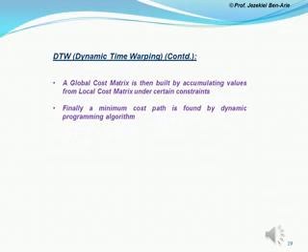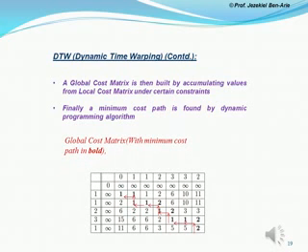Finally, a minimum cost path is found by dynamic programming algorithm. In the diagram, you can see the global cost matrix and the corresponding minimum cost path, which is shown in red arrows. Although DTW is very easy to implement and analyze, it is not free of several shortcomings.